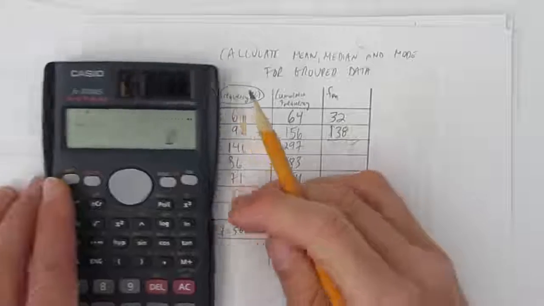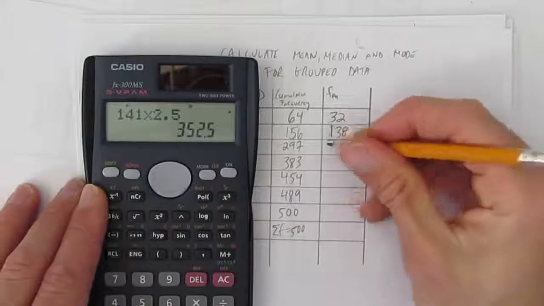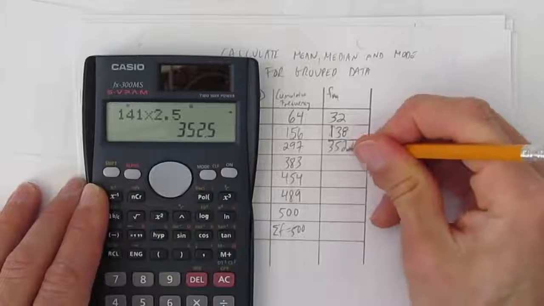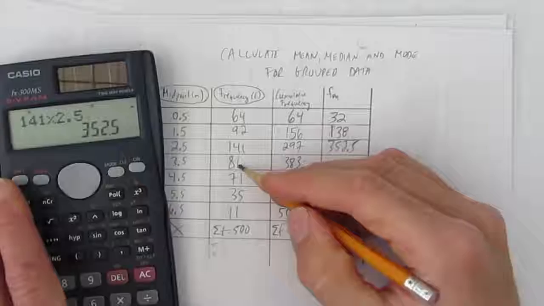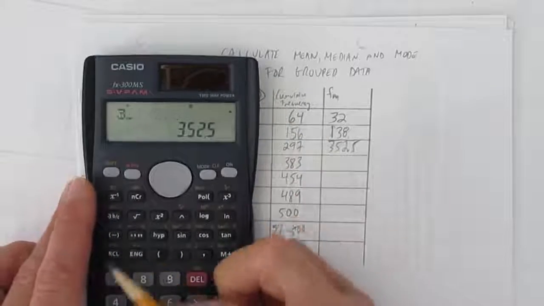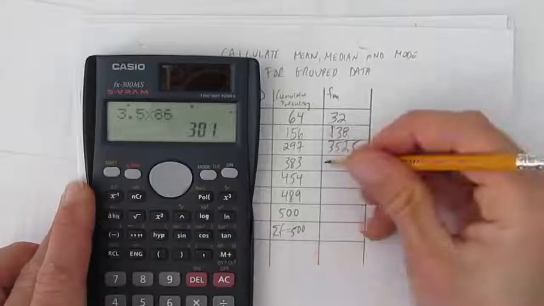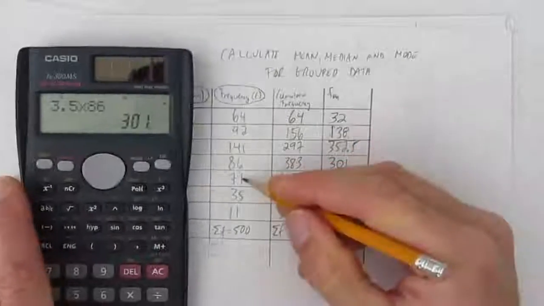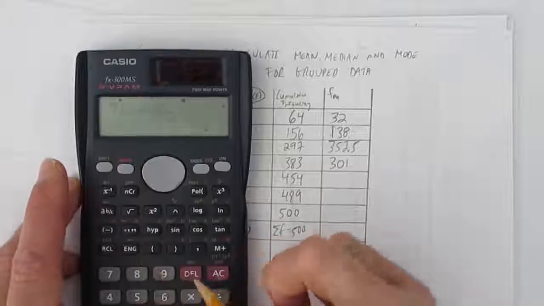What's 141 times 2.5? 352.5. Alright, what's 86? These things are 86 of them, and they each count for 3.5. Oh, 3.5 times 86, and I get 301. 71 times 4.5. I have 71 of the 4.5 things.